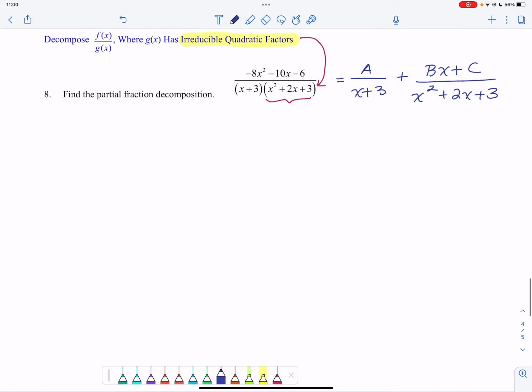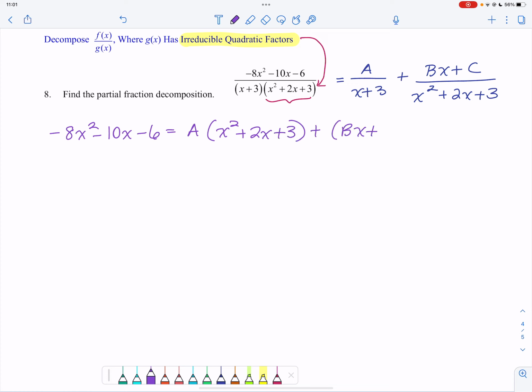If we use the same process, multiply both sides by those denominator factors, we'll end up with negative 8x squared minus 10x minus 6 equal to a times x squared plus 2x plus 3 plus bx plus c multiplied by x plus 3.